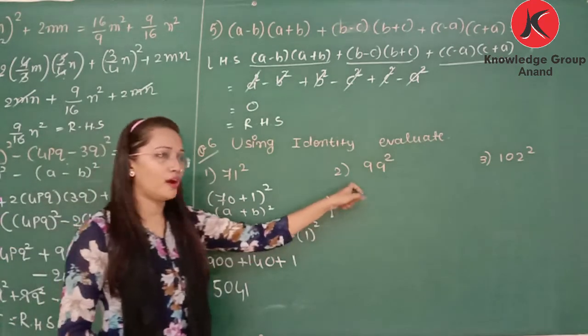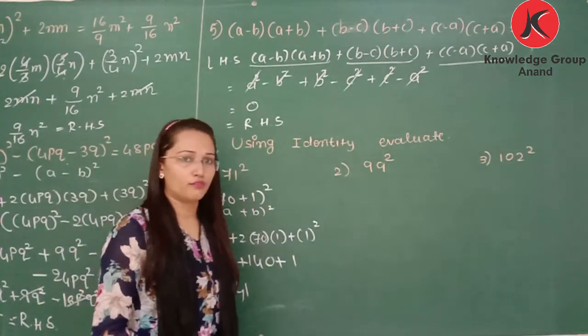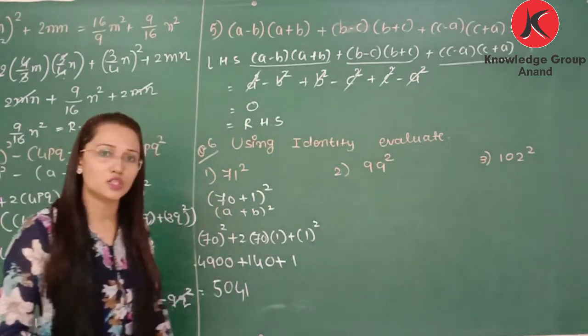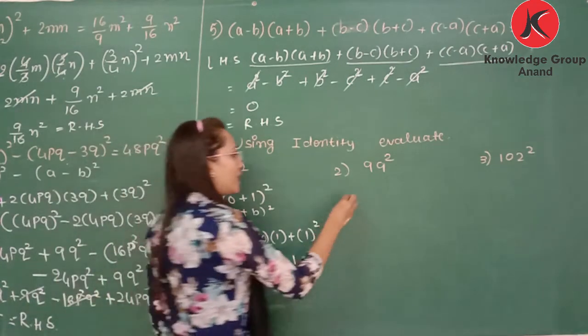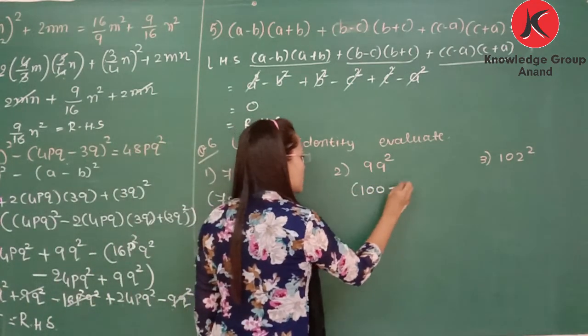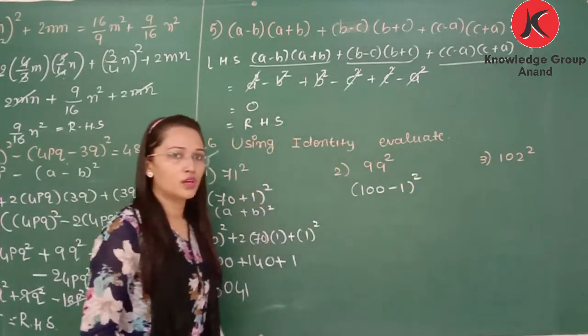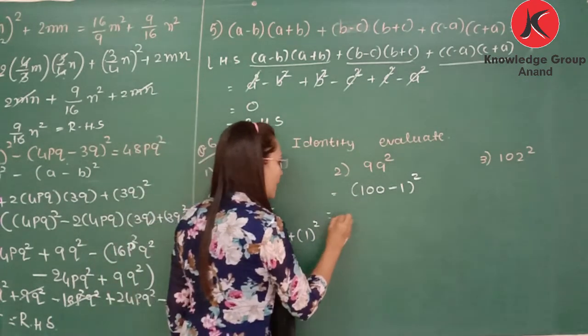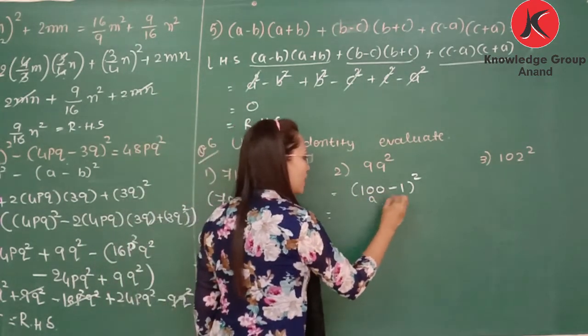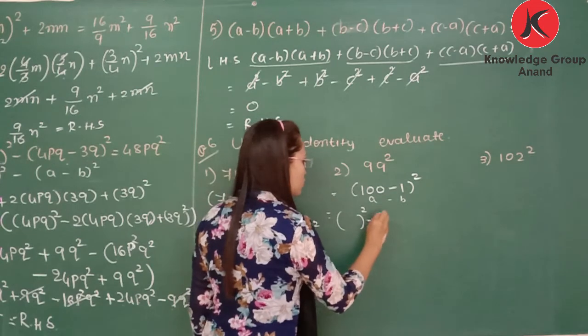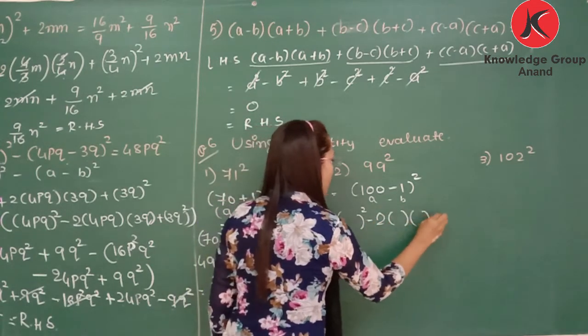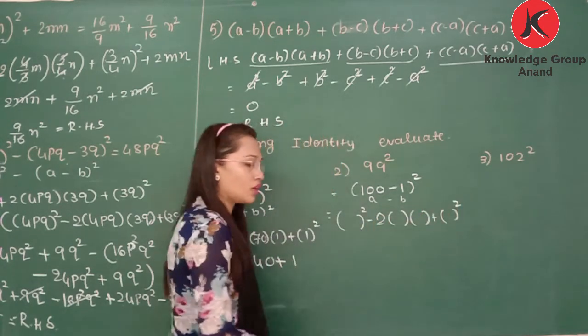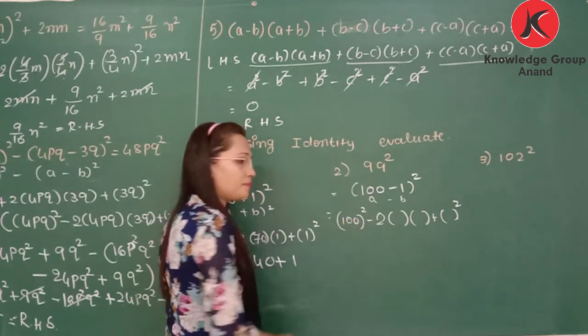Clear? Now second, 99 square. We already saw this kind of example in square and square root. So 99 square is (100 minus 1) whole square. So (100 minus 1) whole square, it is (a minus b) whole square. So it is a square minus 2ab plus b square. So here our a is 100.